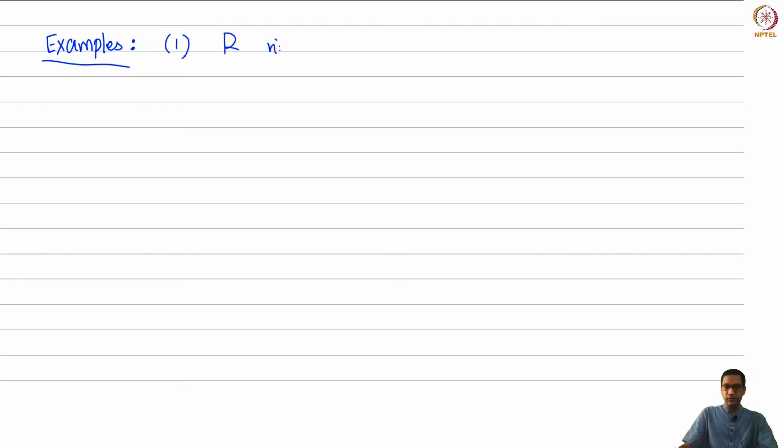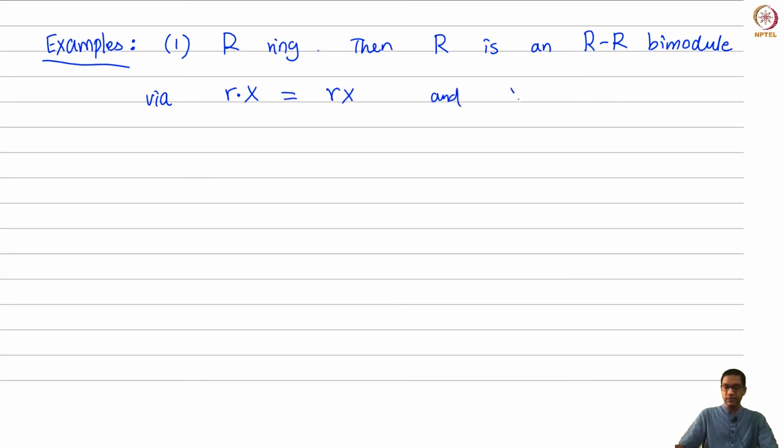If I take a ring R, not necessarily commutative, then I claim R is an RR bimodule, meaning it's got a left R module structure and a right R module structure such that the two structures are compatible. What's the definition? Given an element X in R, I define the left action by multiplication, and given an element, which I'll call S, again in R, I define the right action to be right multiplication by S.